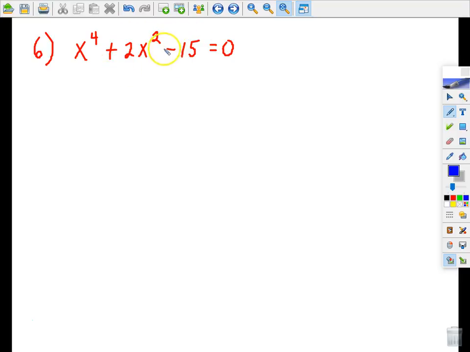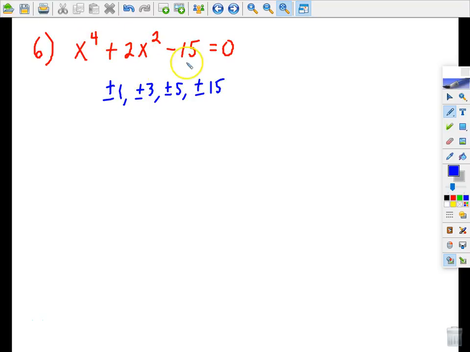Well, let's list the factors of negative 15. Plus minus 1, plus minus 3, plus minus 5, plus minus 15. So that answers that first sentence. And then notice that this is much like you did in the previous section. We can factor this.